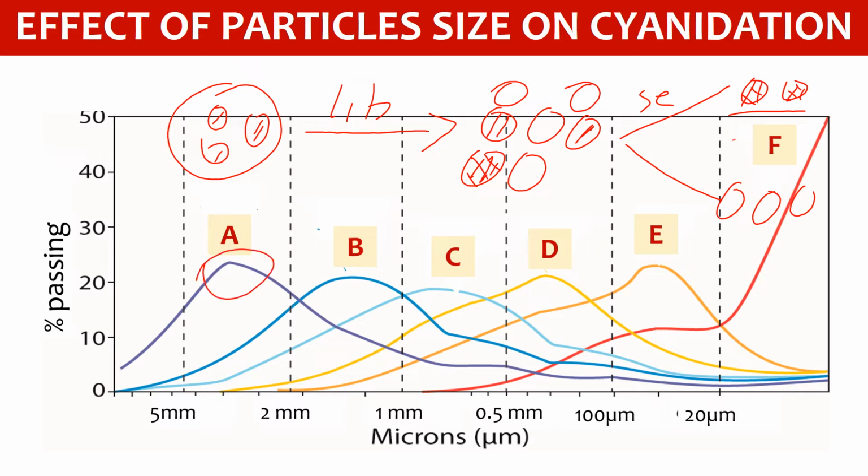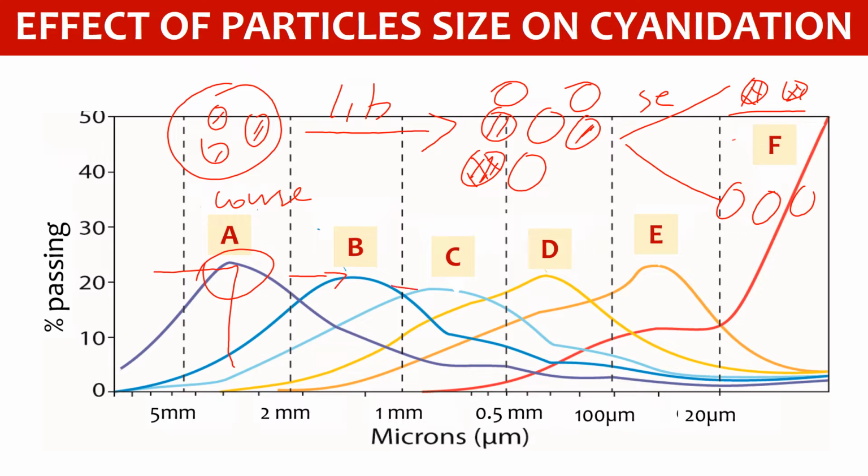For example, here, if your particle size maybe is on this region A here, close to around 2.5 millimeter, maybe 20% passing 2.5 millimeter, in this case you're having a very coarse material, and it will be very difficult, or it will take very long for the cyanidation process to occur.